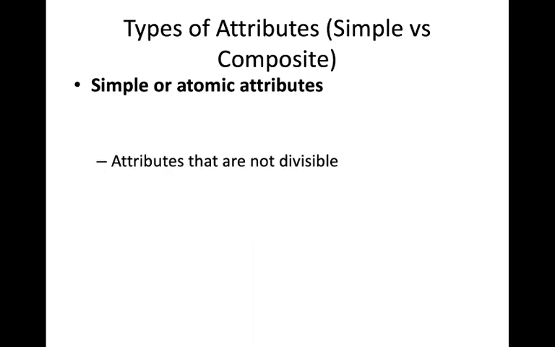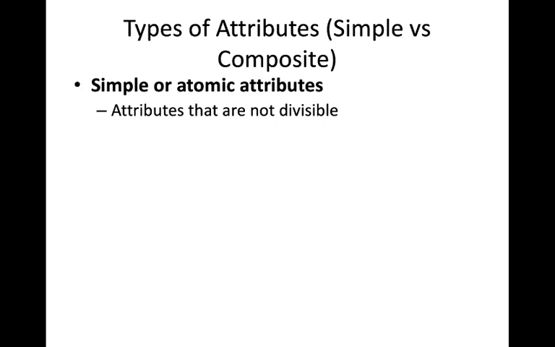Next we will see the types of attributes. There are different types of attributes. The first classification is simple versus composite attributes. Simple or atomic attributes are attributes that cannot be divided further. For example, social security number, which is like our Aadhaar number in India.